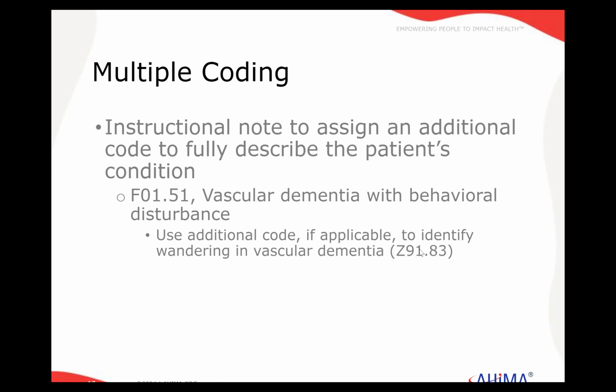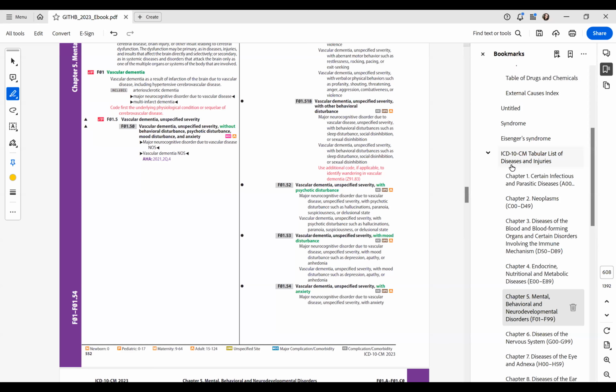And then you would use the additional code to identify wandering if appropriate. Let's take a look at F01.51. Again, another example of those red notes, use additional code if applicable to identify wandering in vascular dementia.